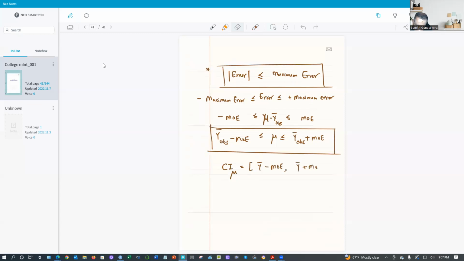That's another way of writing it, the first way and the second way. CI stands for confidence interval for the unknown population mean.